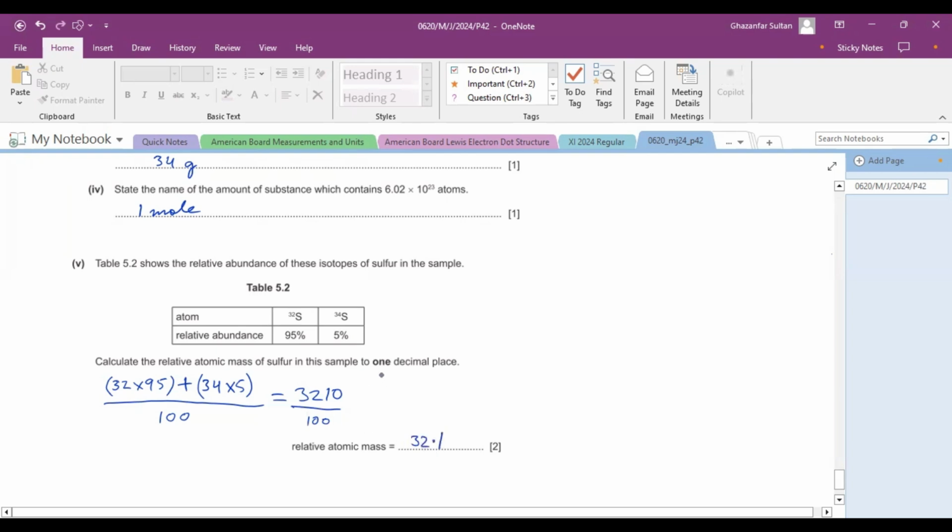But as we are required to give only one decimal place, the answer is 32.1. And no unit is required because it is the relative atomic mass. Or if you want to write the unit, then the unit would be AMU.